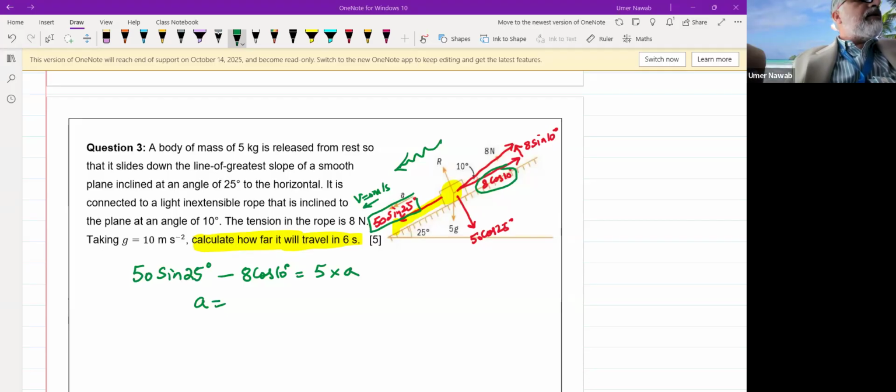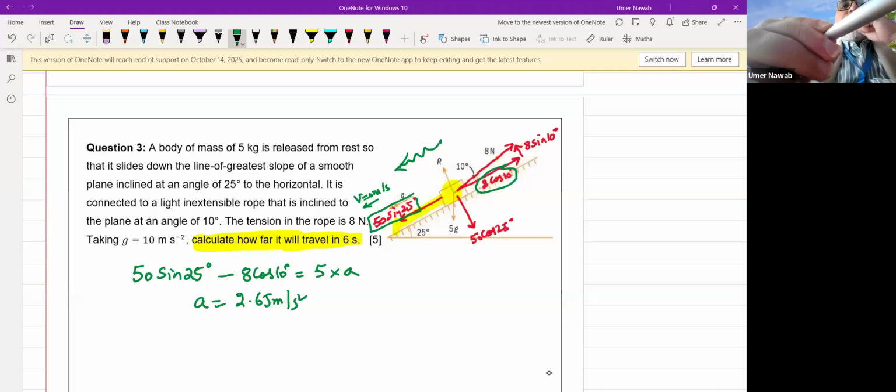So acceleration is 2.65 meters per second squared. After finding the acceleration, guys, the next stage is I want to find how far the particle will travel downward.